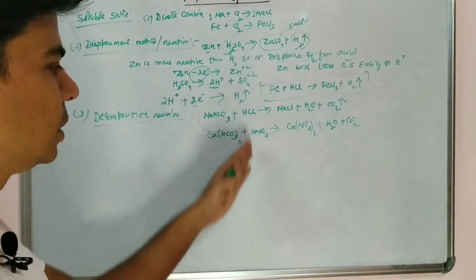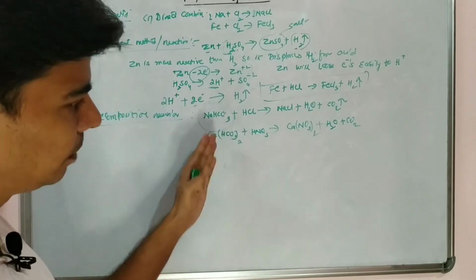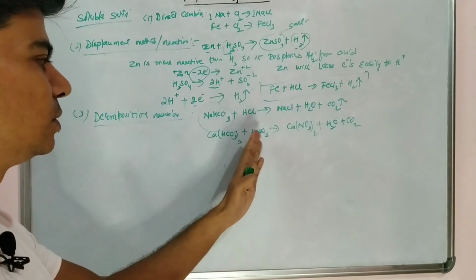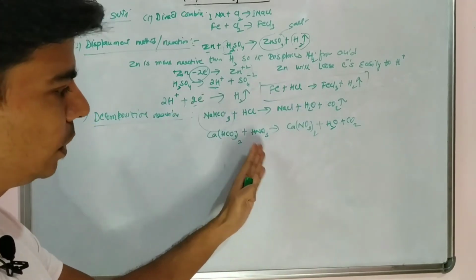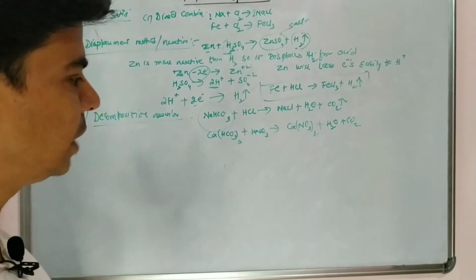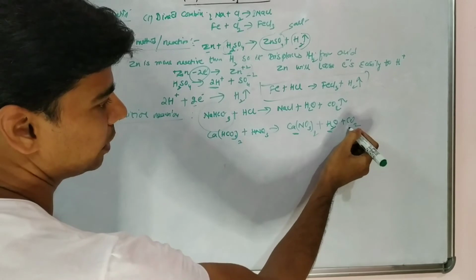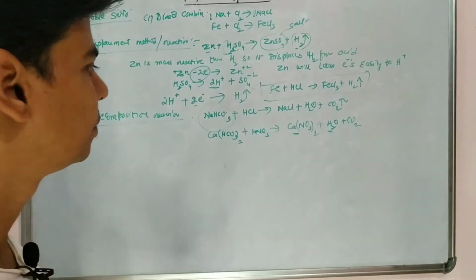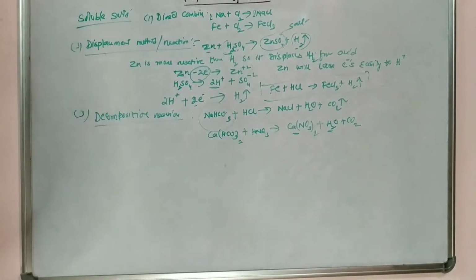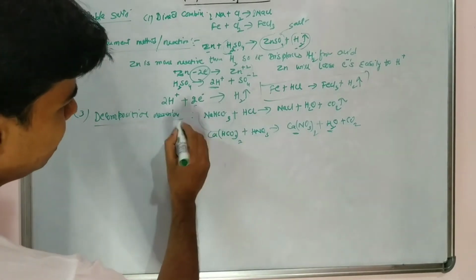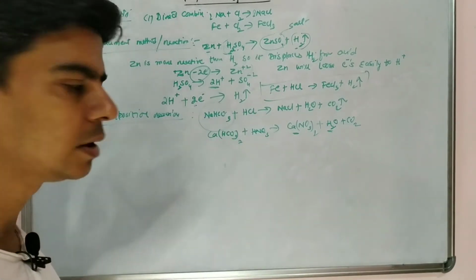Here also calcium bicarbonate is decomposed into simpler compounds by reacting with dilute nitric acid. Simpler compounds are calcium nitrate, water and CO2. So this is decomposition reaction. These two reactions are decomposition of bicarbonates.